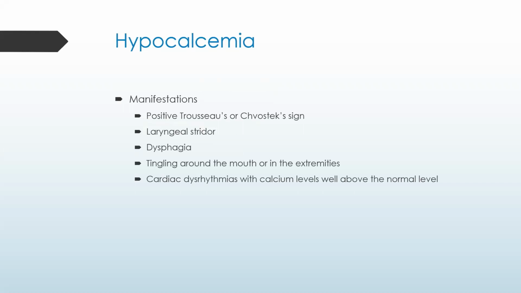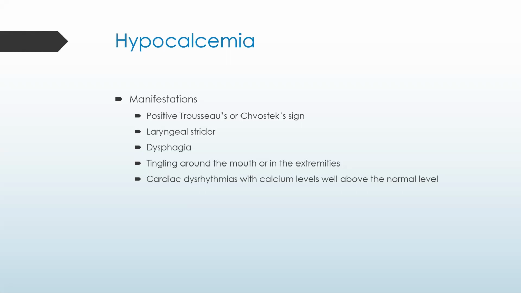A positive Trousseau's or Chvostek's sign is indicative of hyperreflexia, noted with hypocalcemia. Excess neuromuscular excitability causes other clinical manifestations, including stridor, dysphagia, paresthesia, and numbness and tingling around the mouth or in extremities.